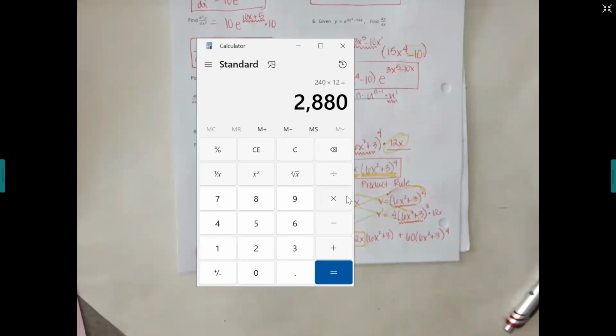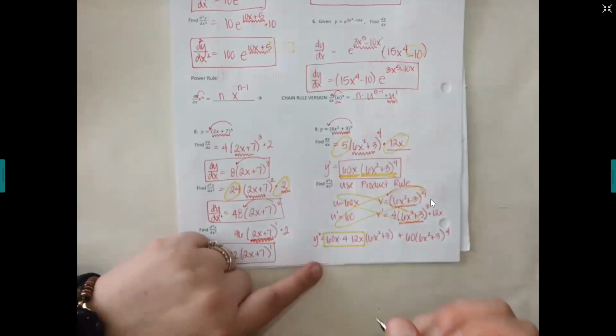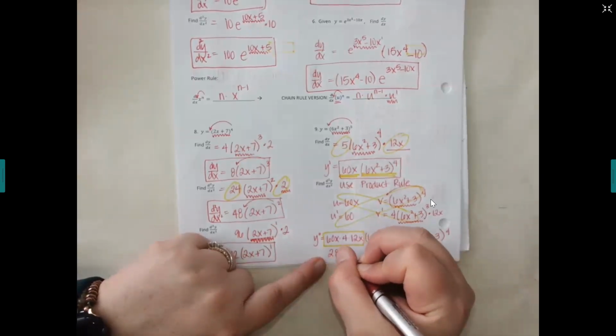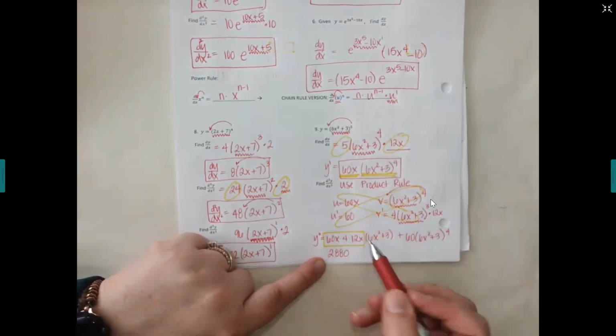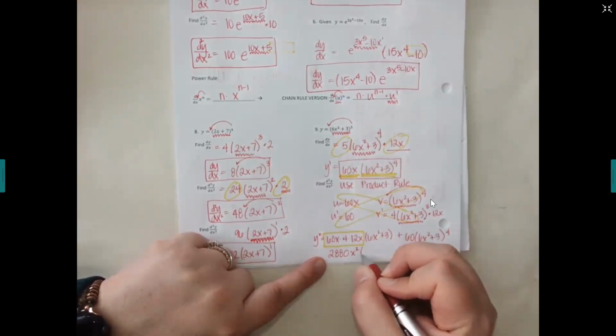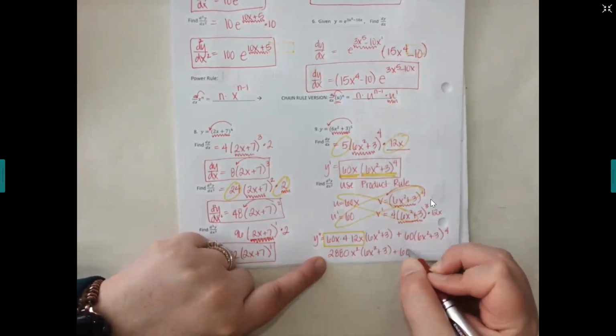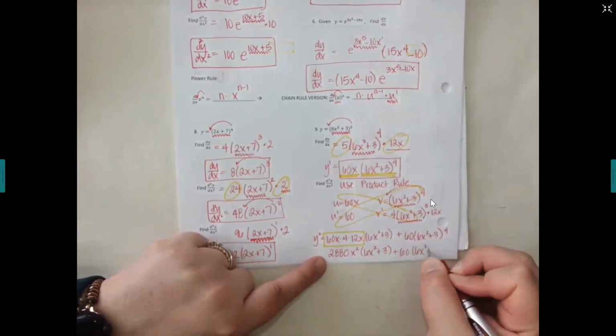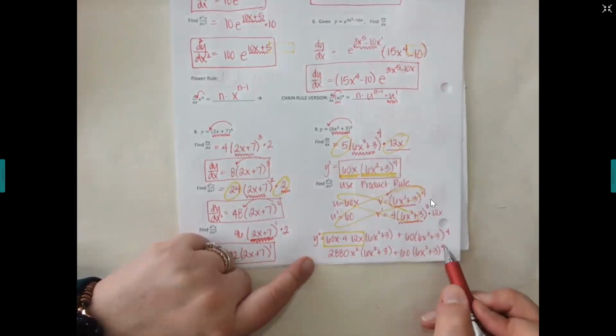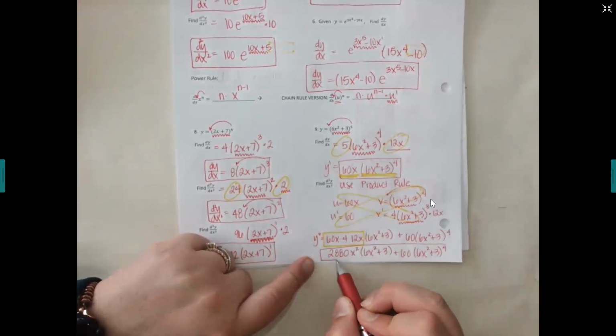Okay, that gives us 2,880. Now, x times x will be an x squared times a 6x squared plus 3 plus a 6 times 6x squared plus 3.